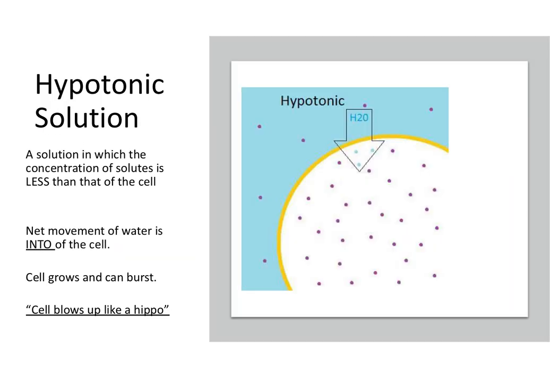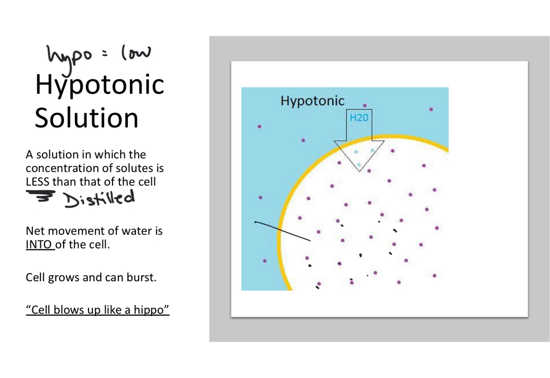Hypotonic. Now, in a hypotonic situation, remember, hypo means low, okay? This is a situation in which outside of the cell you have less solute than inside. Again, this is like that distilled water we were talking about. If we look at this picture, we can see that there are more solutes in the cell than outside the cell.